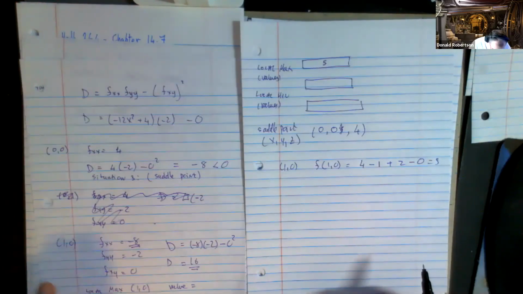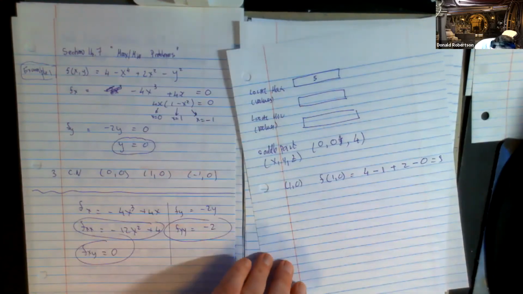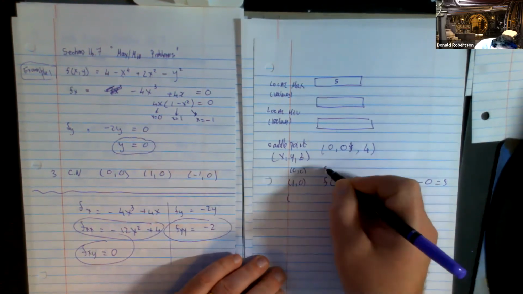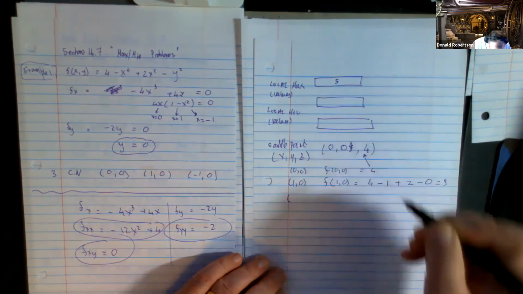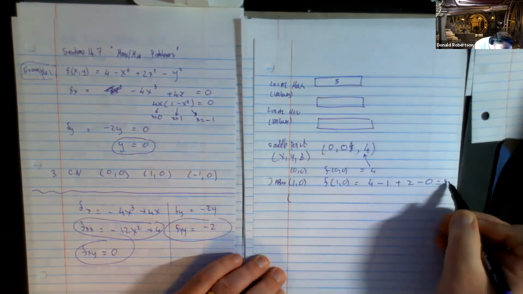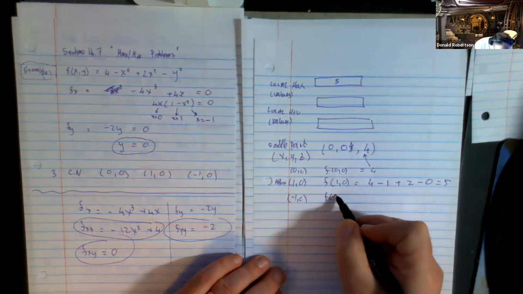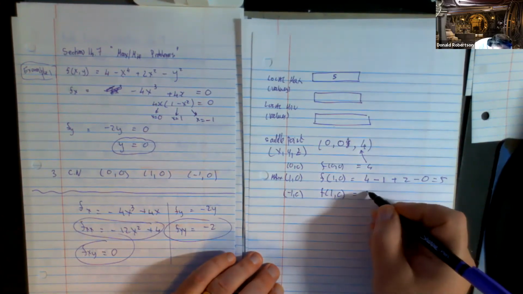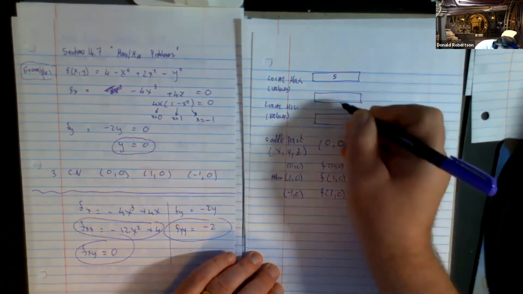Oh good, it was a local max, the right place. And you put in 0, 0, and the value at 0, 0 ends up being 4, and that's where this one comes from. For the local max, you find the value of the function, and the other one is this one, which ends up being, I believe, also 5.